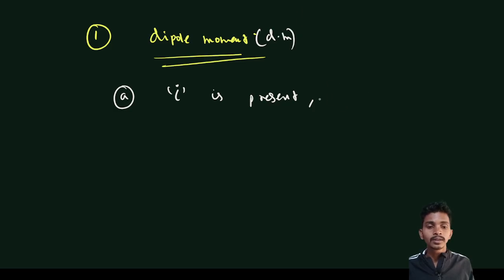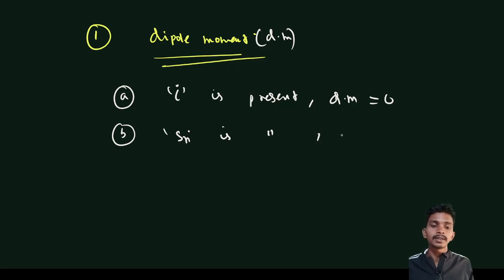I'm giving the shortcut, although this is not entirely correct. Secondly, if an Sn axis is present, then the dipole moment is 0.